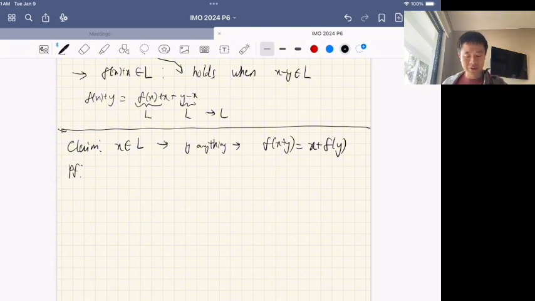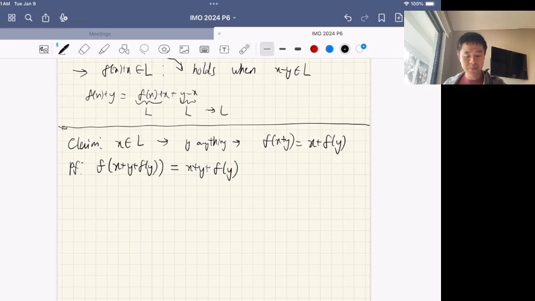The trick here is to consider f of x plus y plus f(y), which is the same as x plus y plus f(y). Why is it so? Well, because x plus y plus f(y) is in the lattice.